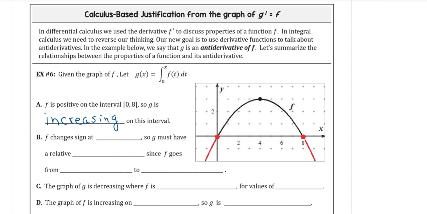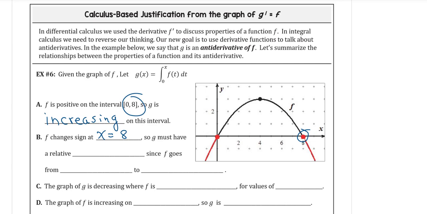And f changes signs where it goes from positive to negative. And at this point, it's going to be at the end of our defined interval. So we're kind of cheating a little bit because it's happening at the end of our defined interval, but we're going to put at x equals 0, it changes sign.